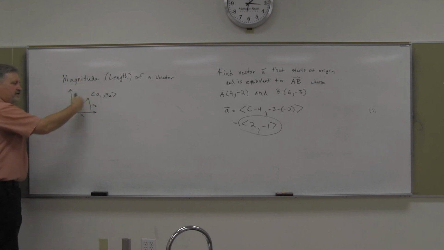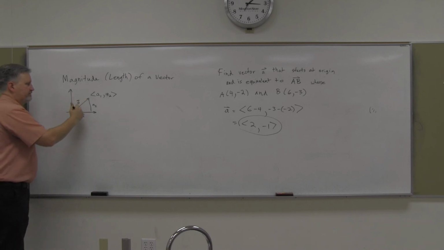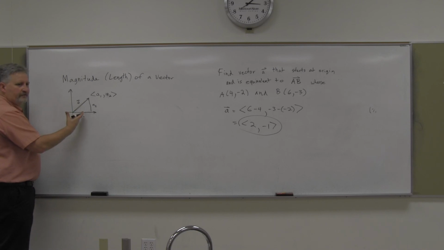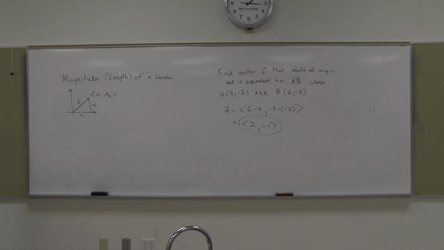So what would the length of that side be? It's just the Pythagorean theorem, right? The square root of the sum of the squares.